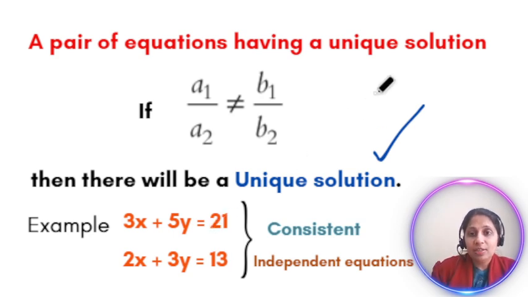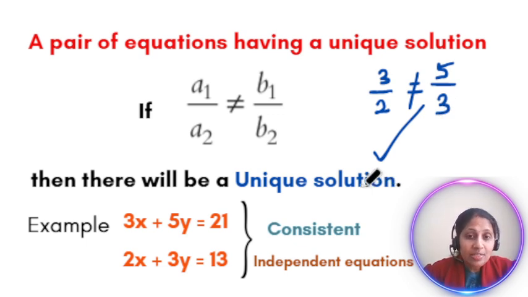Here, 3 by 2 will not be equal to 5 by 3. Both the ratios are not the same. That means this system of equations will have only a unique solution, and hence it is consistent. The two equations are independent equations. I hope you're clear with the first case.